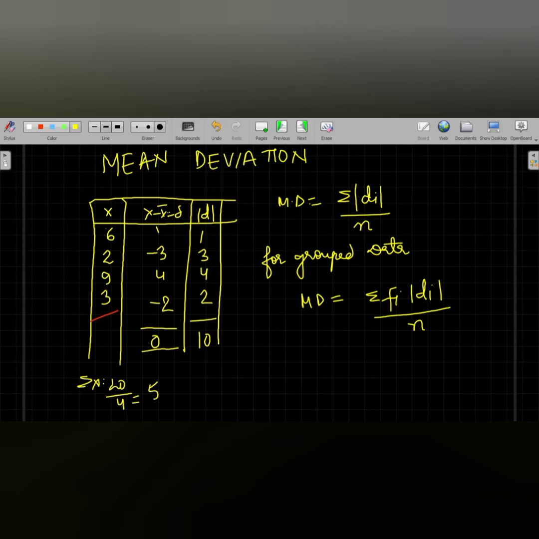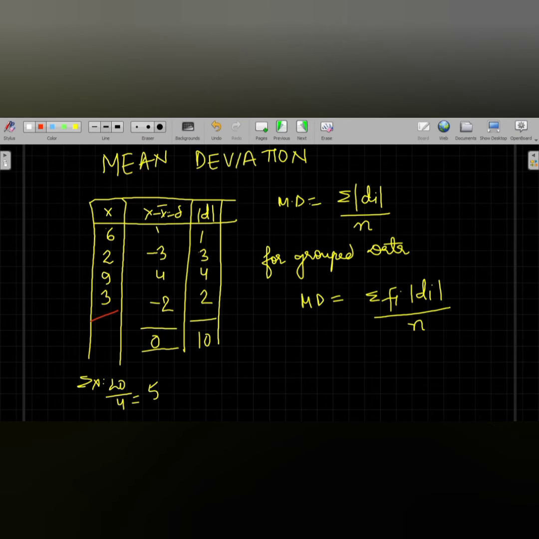So while calculating the mean deviation, this algebraic sign, that is the negative sign, will be ignored. We will take the absolute measure of the deviation. So here I have taken the absolute measure. See, this bar is the absolute measure.